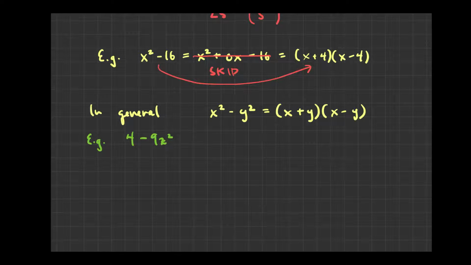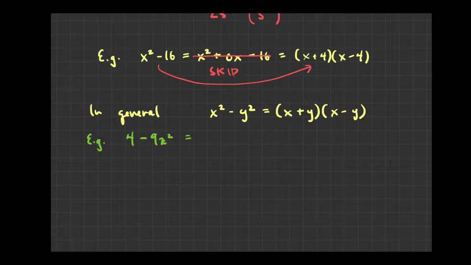We look at this and ask, is this a perfect square? Well, yeah, 2 times 2 is 4. And 9 is a square, z squared is obviously a square. So it turns out this is a difference of squares.